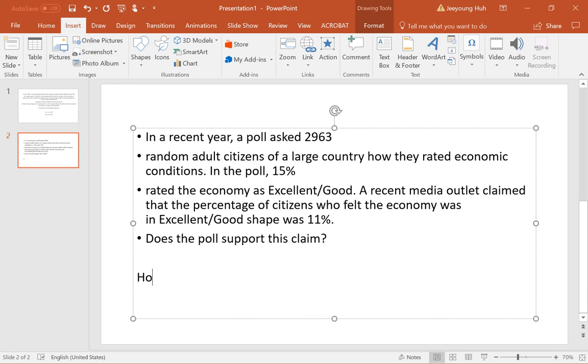So H0, our null hypothesis, would be that p is 11%, because the media claimed that the percentage was 11%. And then our alternative would be what? Right, p is not equal to 0.11. So that would be our alternative hypothesis.